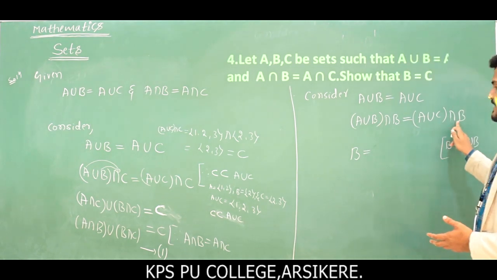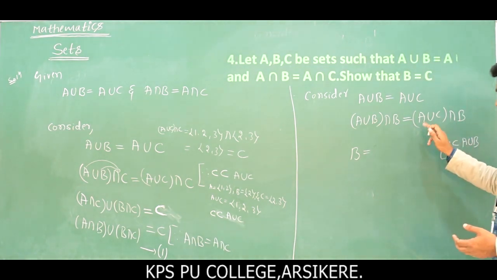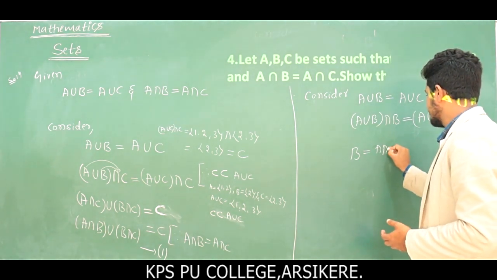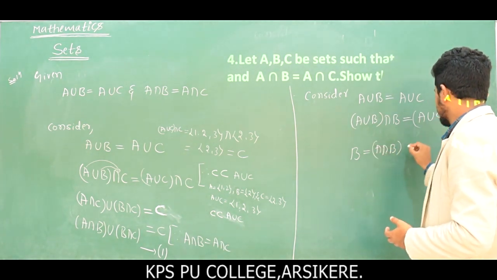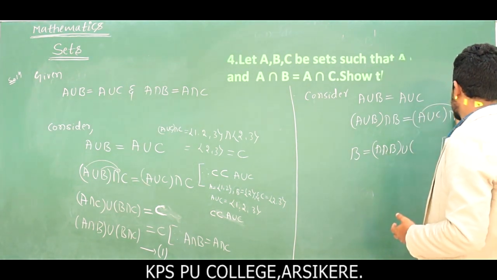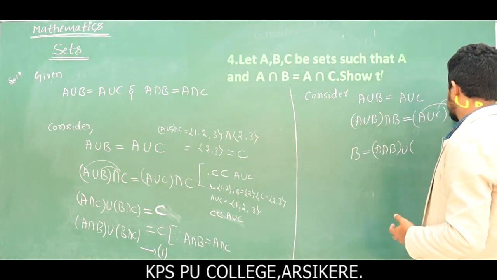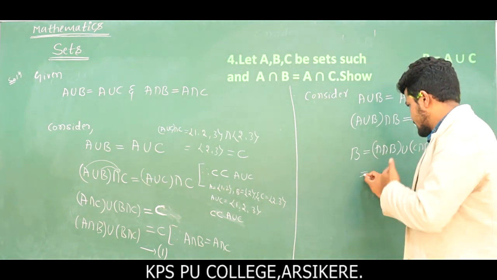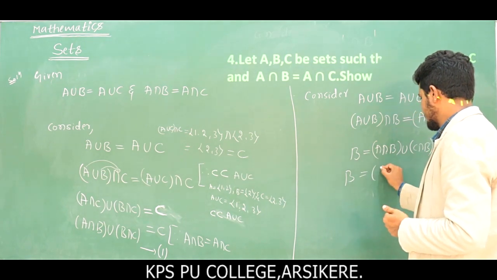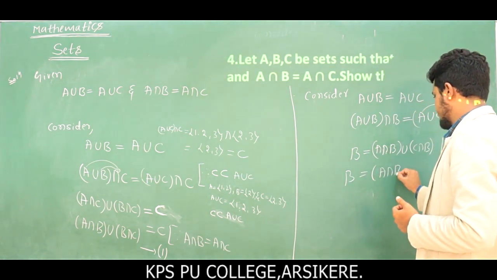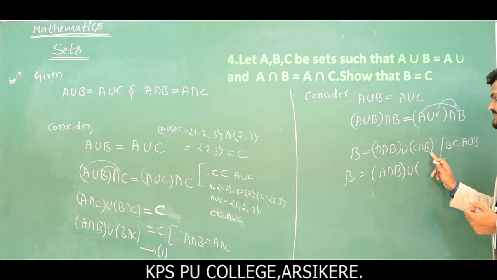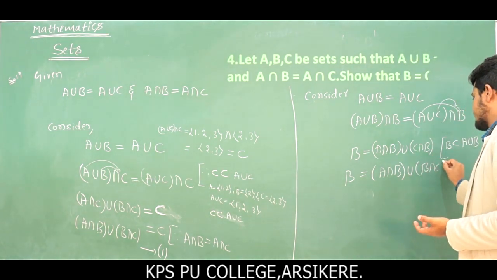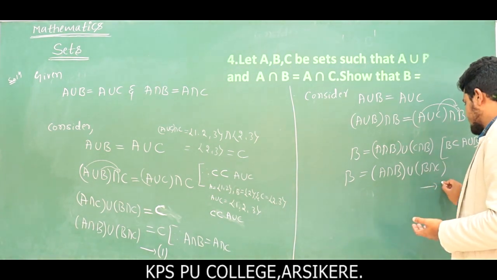B. So again here, by using distributive law, A union A intersection B union C intersection B, which is equal to B, is equal to A intersection B union C intersection B, which can also be written as B intersection C. So both are same. Call it equation number 2.